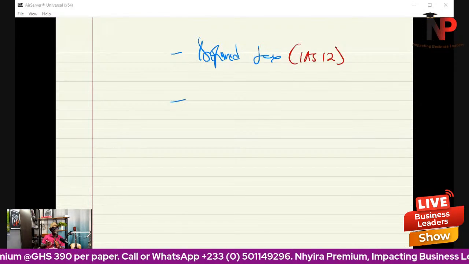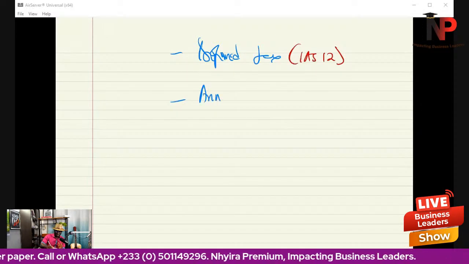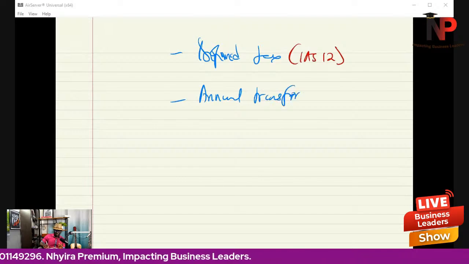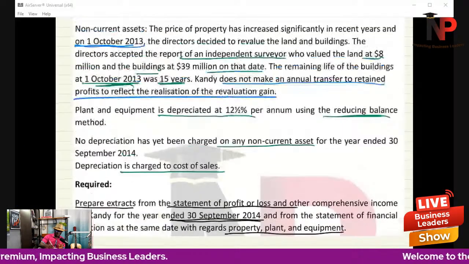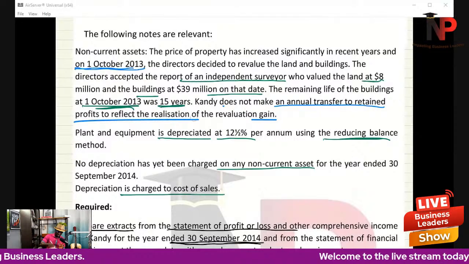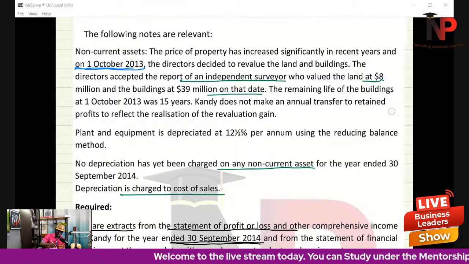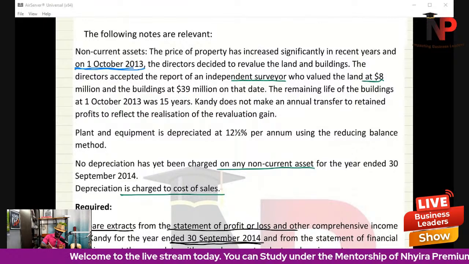Then the next thing is annual transfer. In this question exclusively, we are told that the entity does not make transfer. Let me clean my working canvas here and just let you see what I'm talking about.